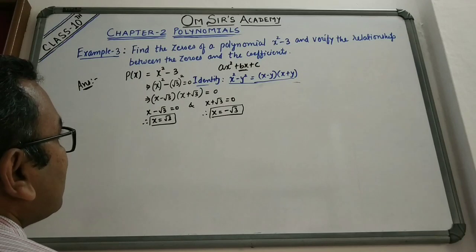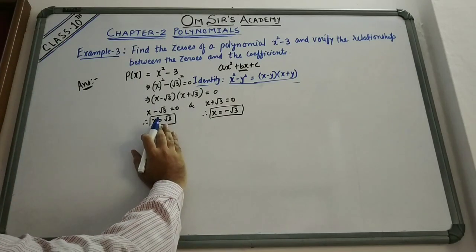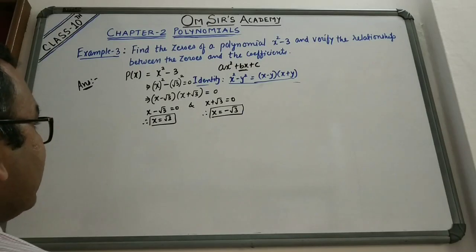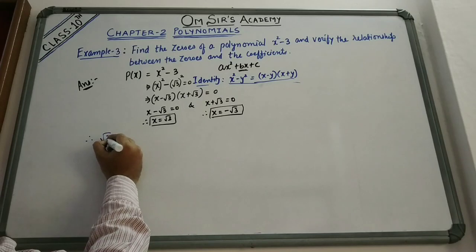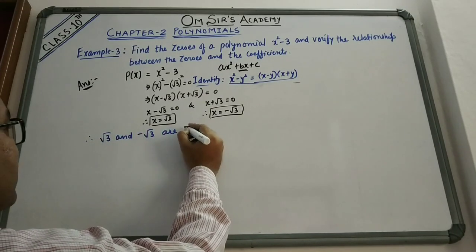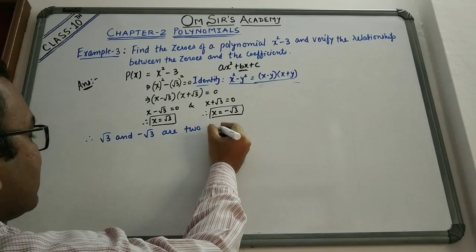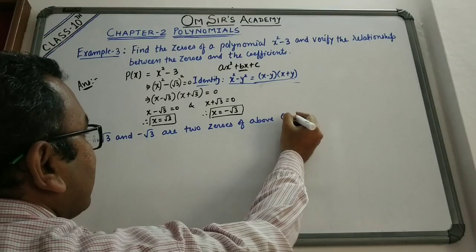Is it clear? So in this case, friends, my two zeros are √3 and minus √3. Therefore √3 and minus √3 are the two zeros of the above quadratic polynomial.